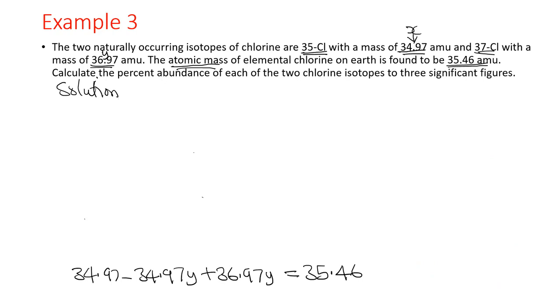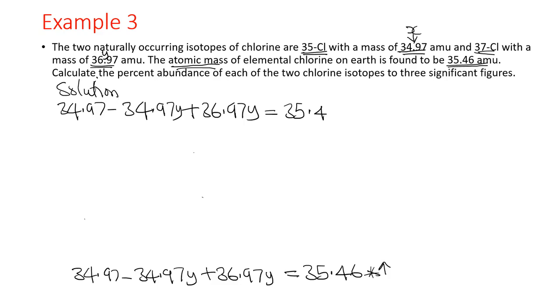So coming from here, going up, I'll just write this one again. 34.97 minus 34.97y plus 36.97y is equal to 35.46.